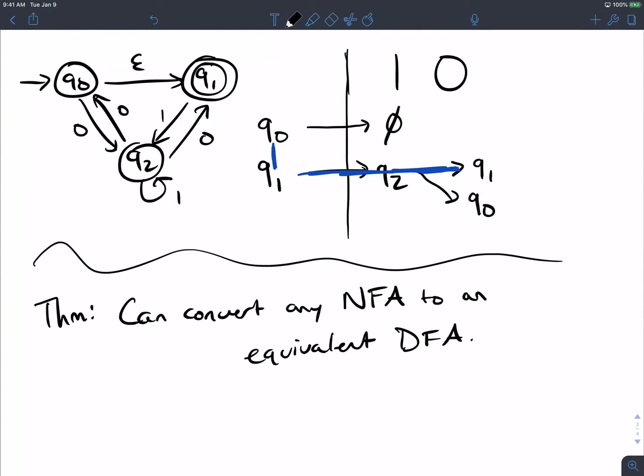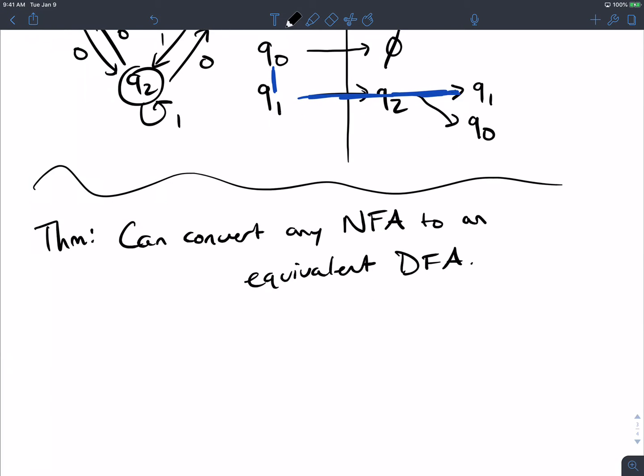Okay. So how in the world are we going to prove this? Well, let's see. If I can give you an algorithm, say I present to you an NFA, and the algorithm makes the DFA, is that all we need? Yeah, that's all we need.